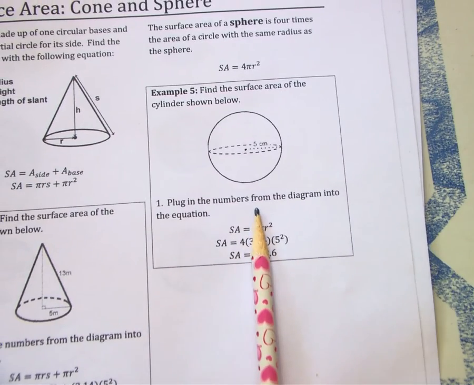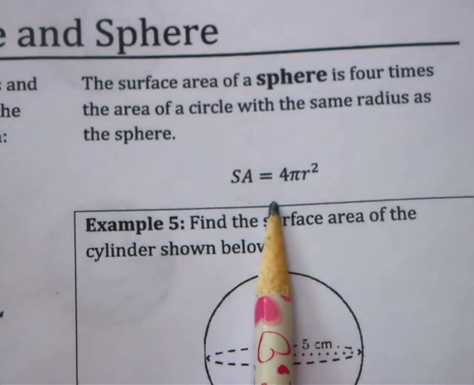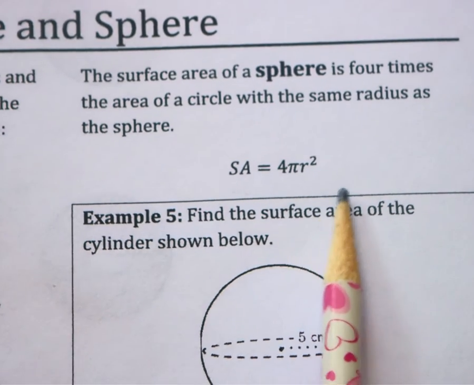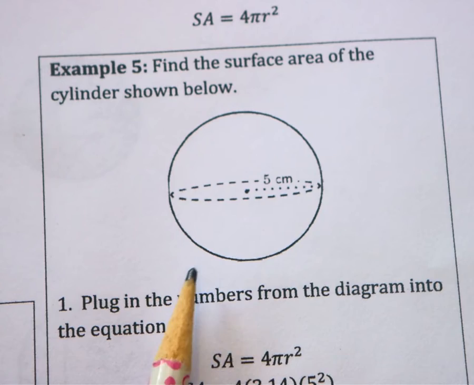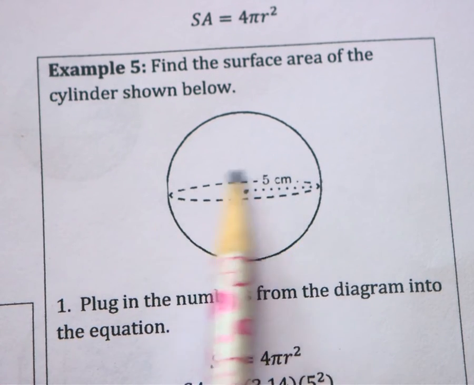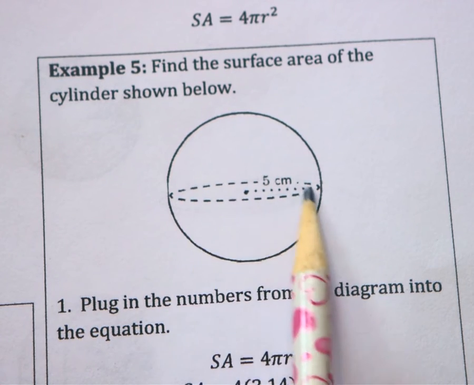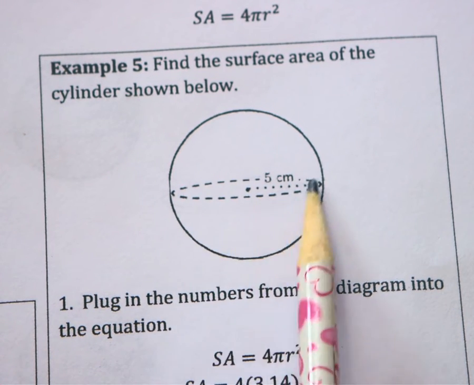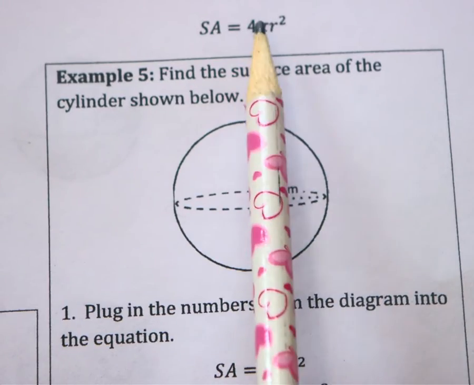Here's a sphere. And it says the surface area is equal to 4 pi r squared. Now, pi r squared is actually the area of a circle on the inside of the sphere. If you took this flat circle here, a circle on the inside like a dish in the middle, the surface area of that is pi r squared.